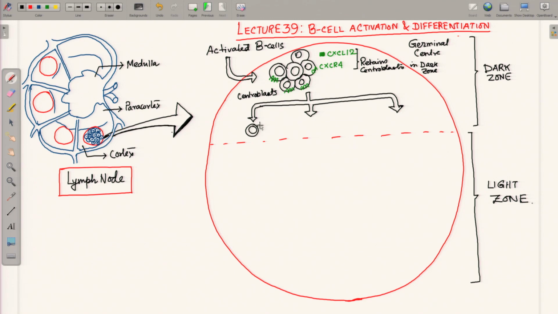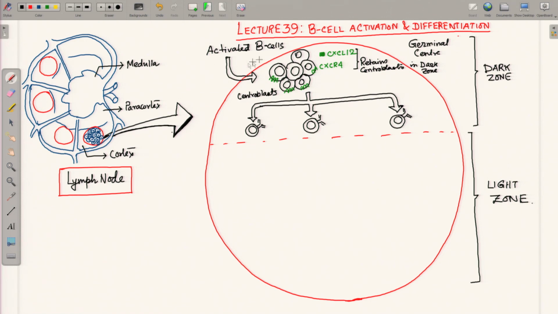So, these centroblasts express these antibodies on the surface, which will now have different affinities for the antigen.